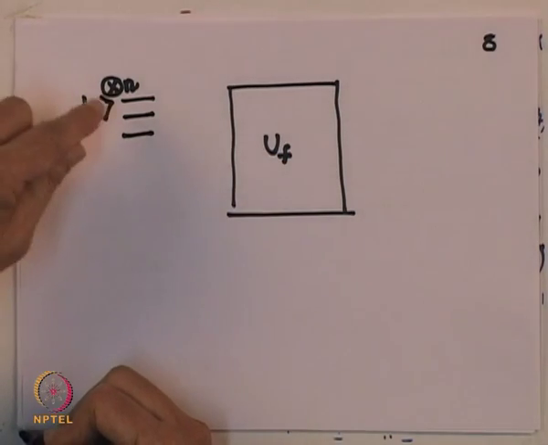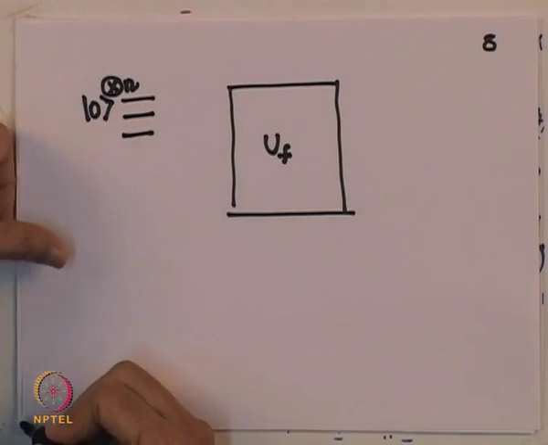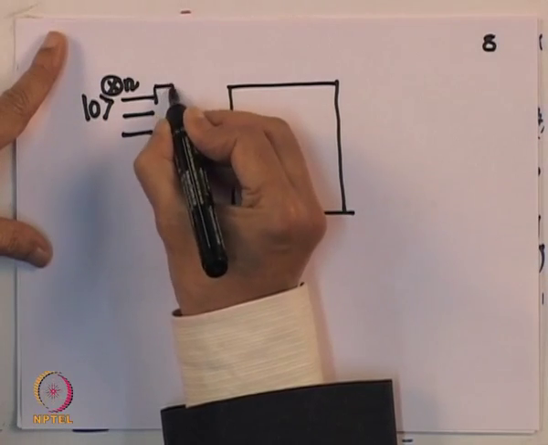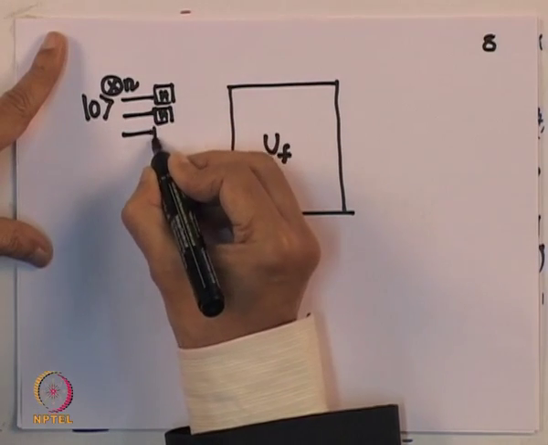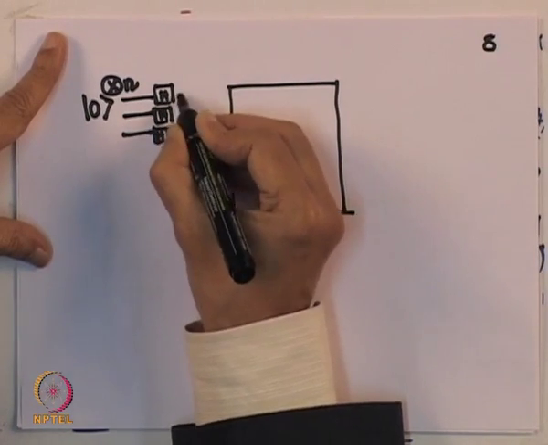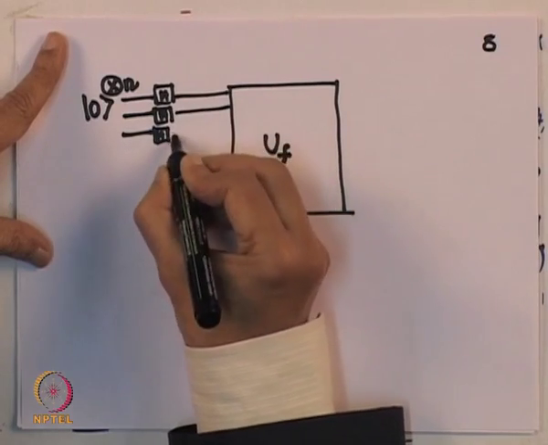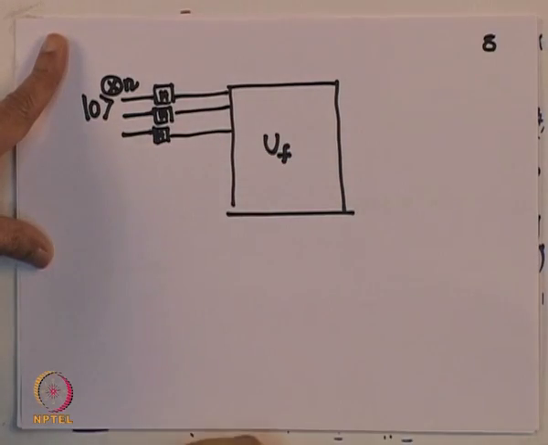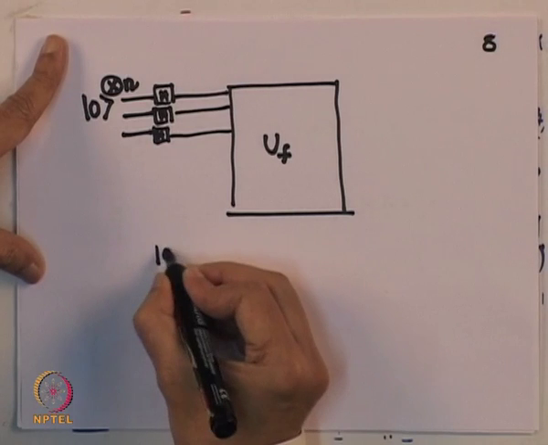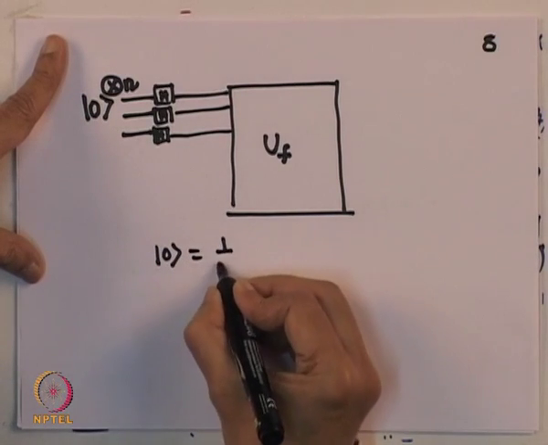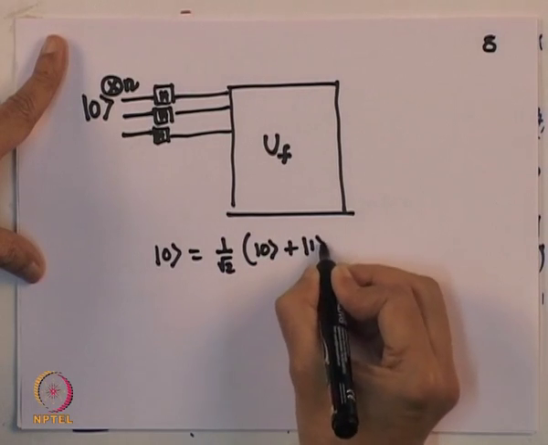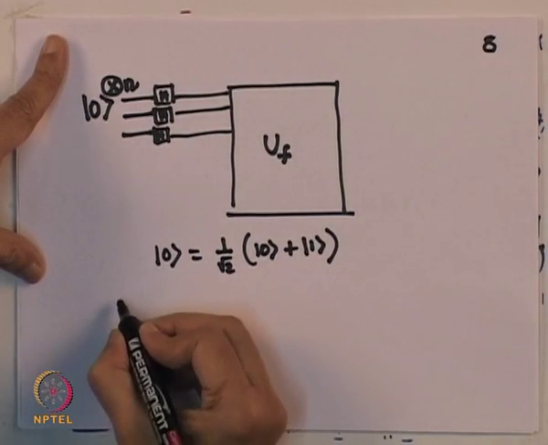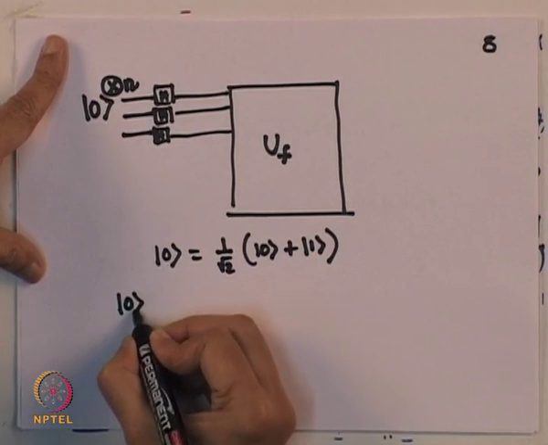If we write it like this, a single line will do. Remember, my |0> becomes 1 over square root of 2, |0> plus |1>.